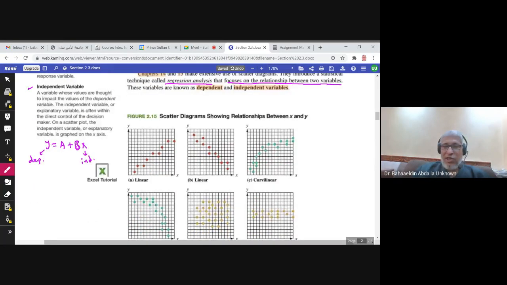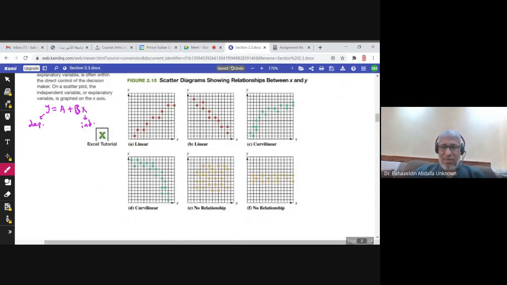So if you sketch the scatter diagram, you will see a graph like one of these. For A and B, you can say that the points are in a linear pattern. They have a linear pattern.